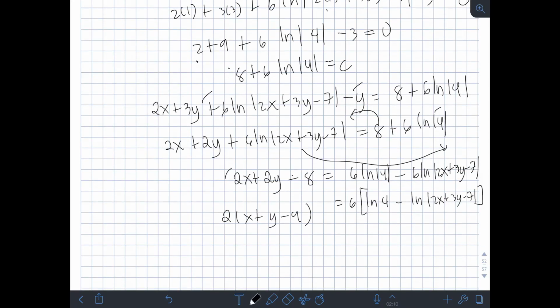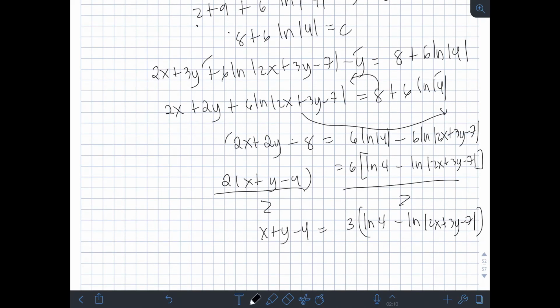So, pwede pa natin tong i-divide both sides by 2. Magiging x + y - 4 is equal to 3 (ln 4 - ln|2x + 3y - 7|). So, therefore, this is the final answer.